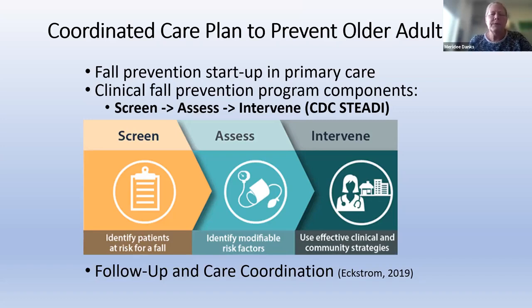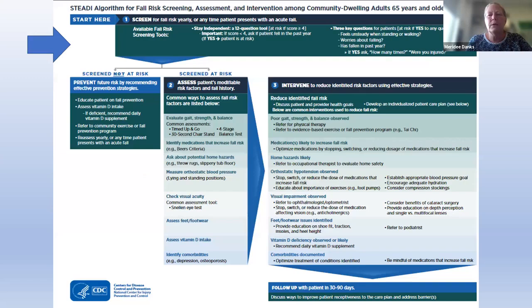If we find with the screening they're at risk, we can do further assessment and try to identify what could be modifiable risk factors and then go towards intervention. What are effective clinical or community strategies we can recommend? And then always following up with what we're doing with that person.